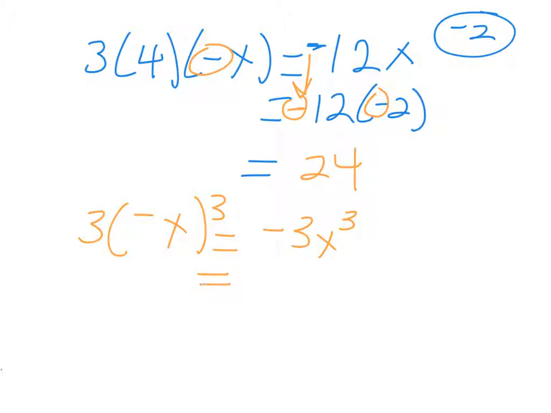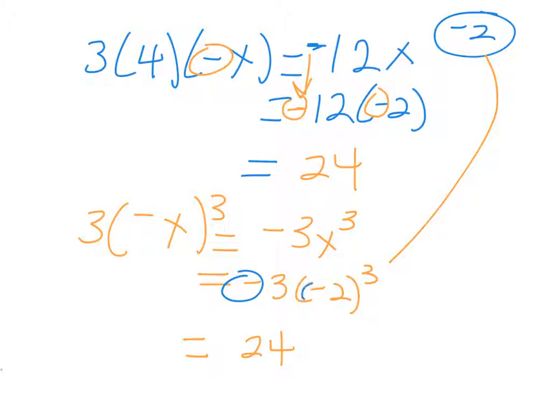And then we have to bring down the negative 2, so we would have negative 3 times negative 2 to the third power. And now we would work that out. Okay, and then we end up with, in this case, an answer of 24, and we had 4 negative products in this. We had one here, and then one negative 2, 2 negative 2, and 3 negative 2. So that's an even number, so that is a positive answer.